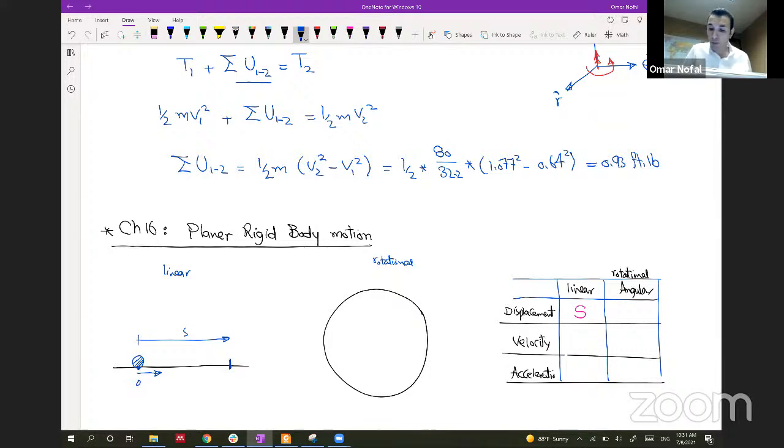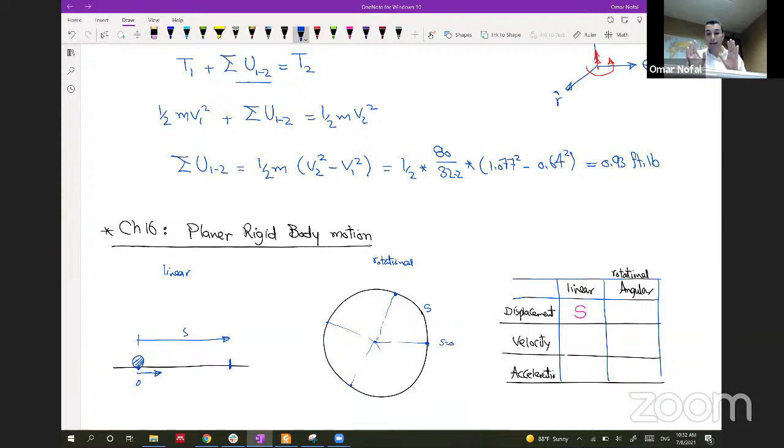But if we have a body here and it moves to this point here, we describe this body by the angle in radians. Sometimes you can describe it by saying that this body moves along this curve with a distance S. However, if this body moves this S and did a 2 pi, so if it came here and then here and then came back to the same original point, the S will be equal to 0.